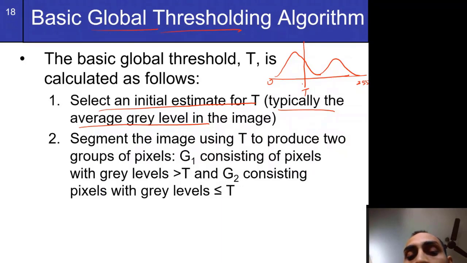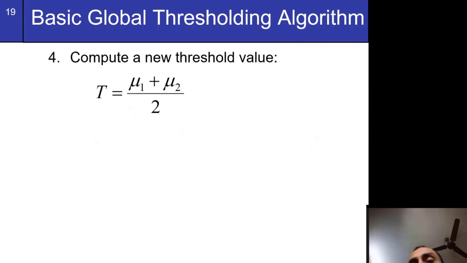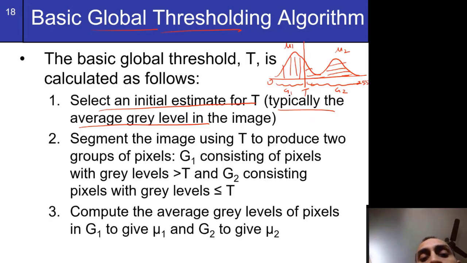Now based on this threshold, you divide your intensity values into two groups. This will belong to one group, let us say group 1, and these intensity values from here to here will belong to another group, group 2. Now you compute the mean of the intensity values in these two groups separately, and then compute a new threshold value which is midway between the two mean values.